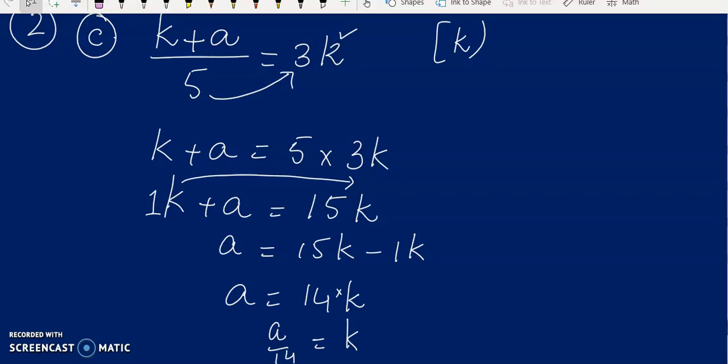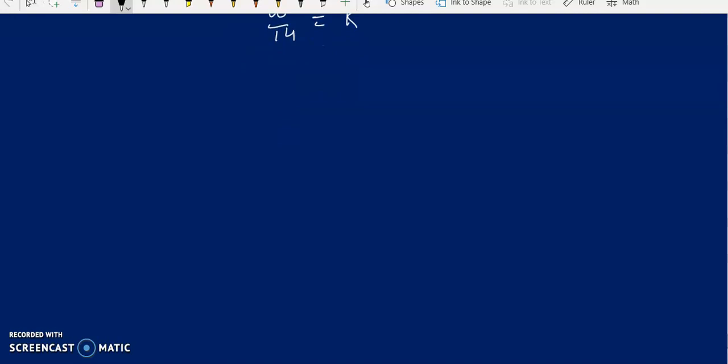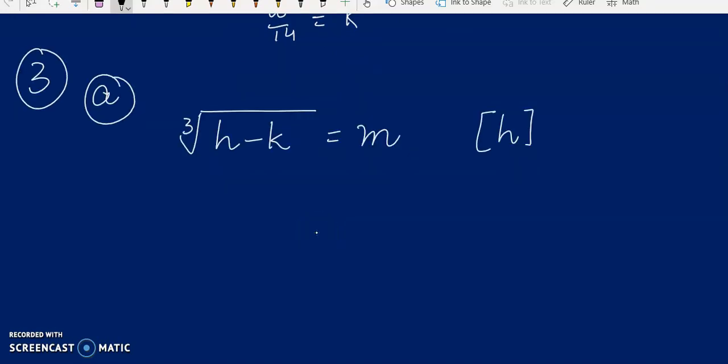Next we move on to question number 3. Now in this question we have to make h the subject of the formula. So the first step is h minus k के ऊपर आप देख रहे हैं ये एक छोटा सा cube root है. Cube root means power 1 by 3.